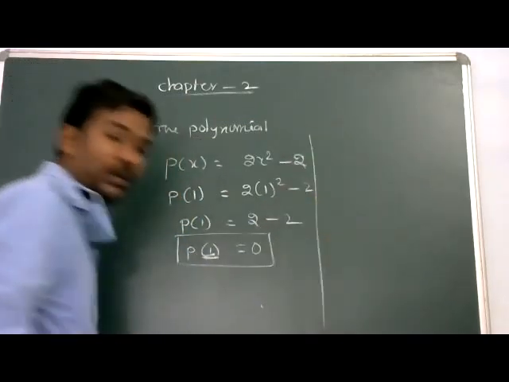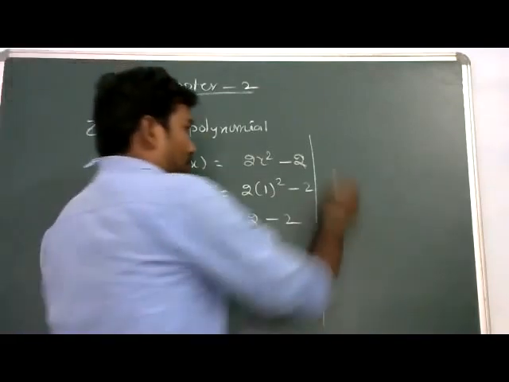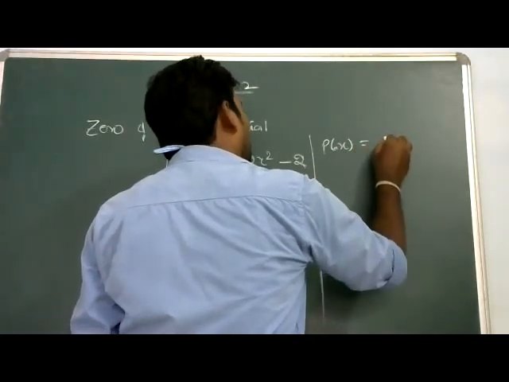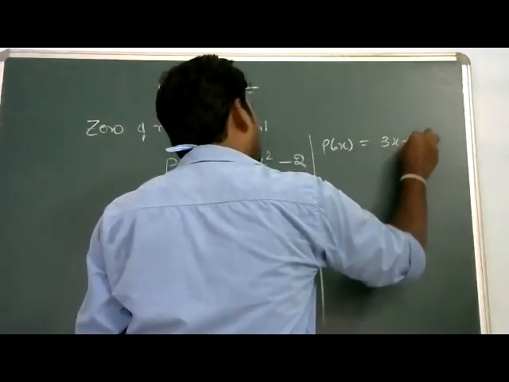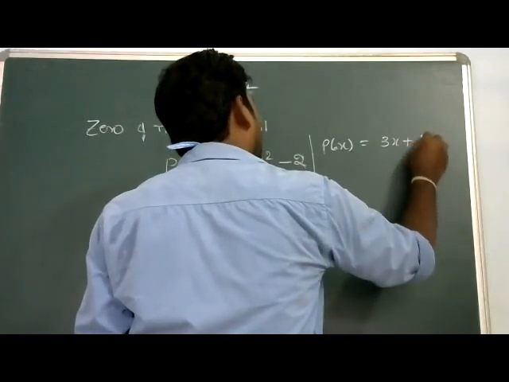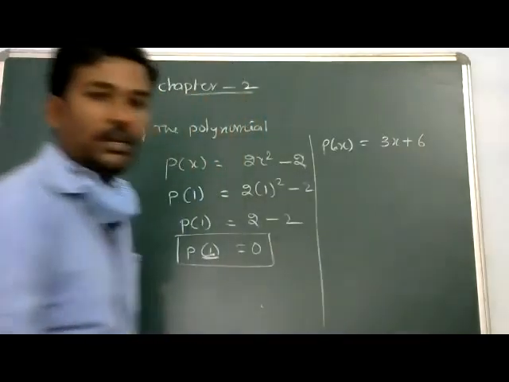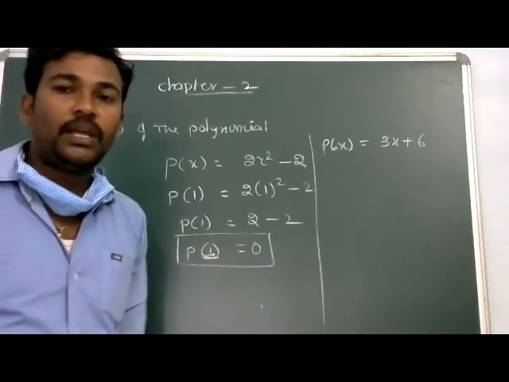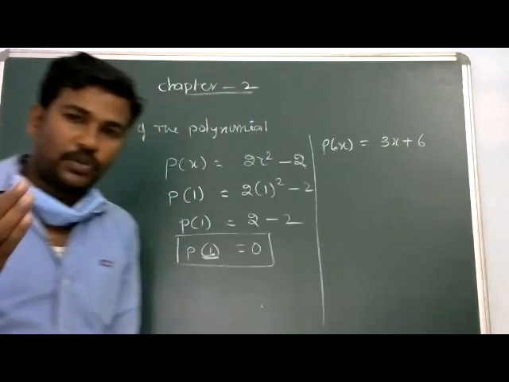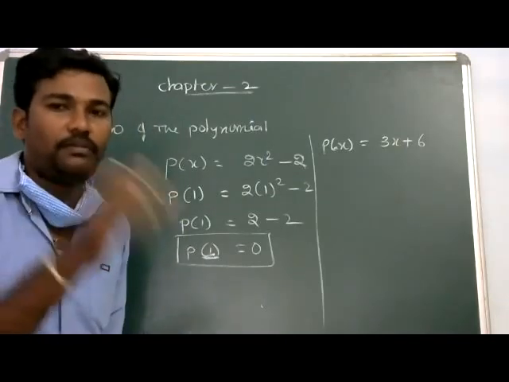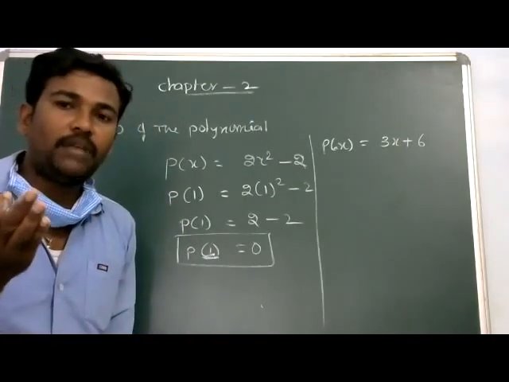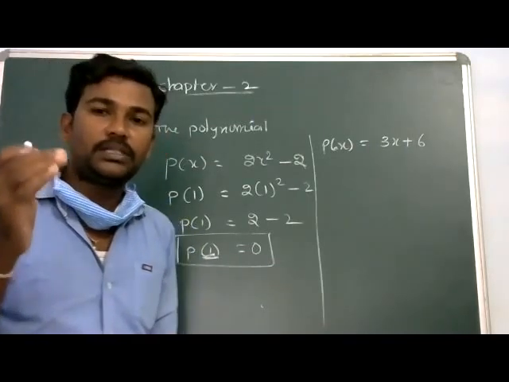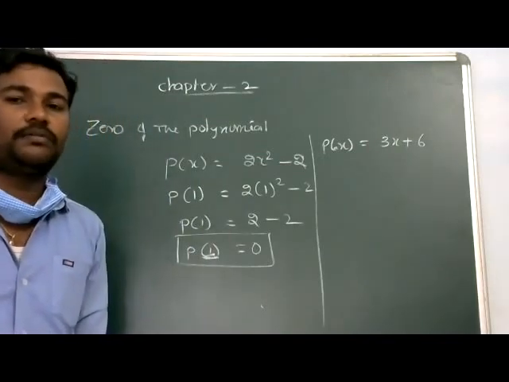I am going to repeat one more example now. p of x is equal to 3x plus 6. What is meant by the zero of the polynomial? You can substitute any constant value instead of x, and when you get p of x equal to 0, that substituted value is called the zero of the polynomial.